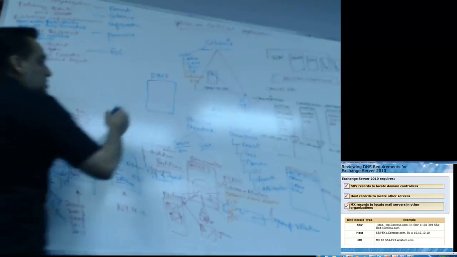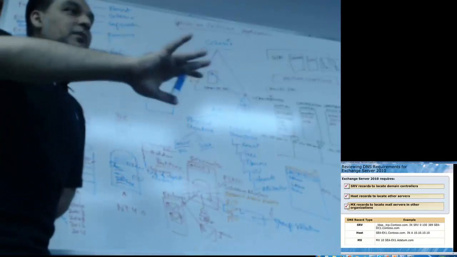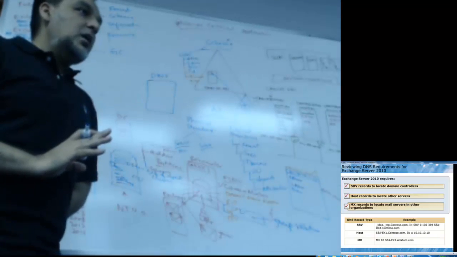Guys, in a DNS server, always remember, a DNS server is just a list of names and IP addresses. It does nothing else. It is a list of names and IP addresses where people go and ask DNS, can you translate this name to an IP address?